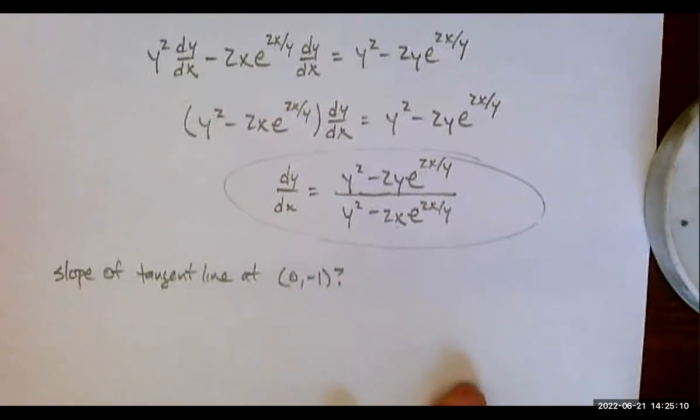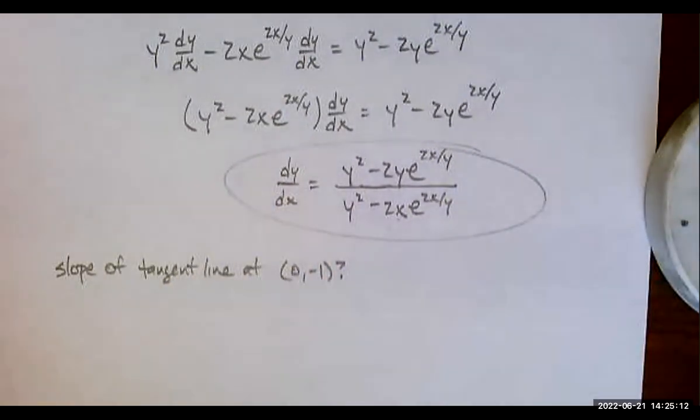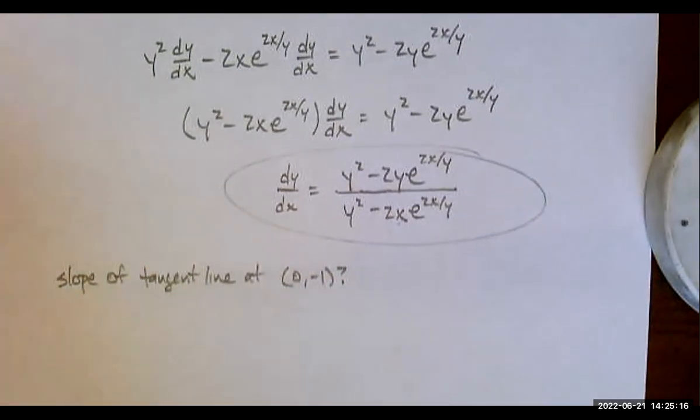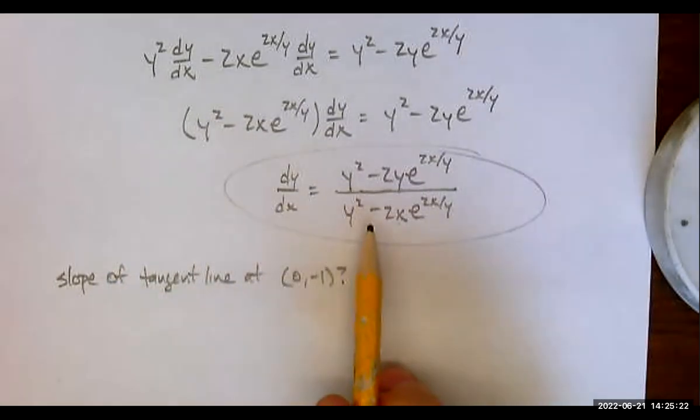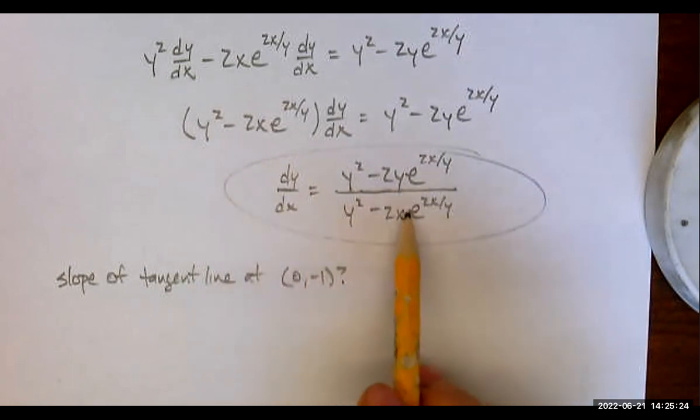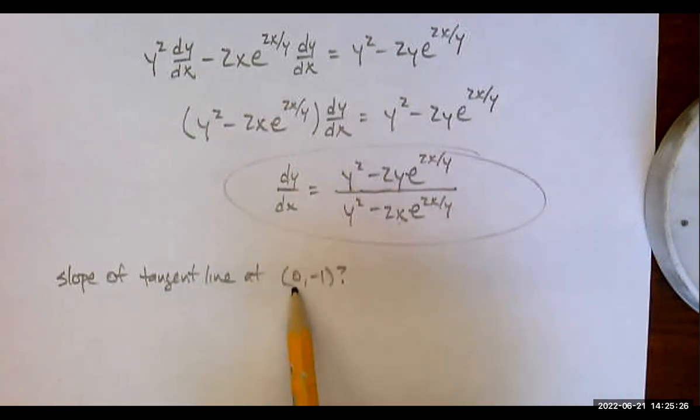Let's practice something, and I want to show you a little shortcut, depending on what question gets asked exactly. If they ask for the slope of the tangent line here, we could certainly find dy over dx and plug in 0 for x, -1 for y.